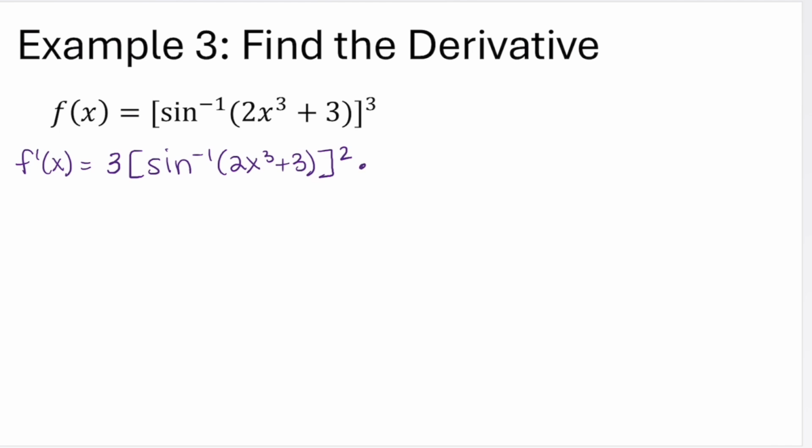And now I'm going to multiply by the derivative of sine, which is going to be 1 over, I have to have some space underneath this, the square root of 1 minus u squared times the derivative of the inside, which is going to be 6x squared.